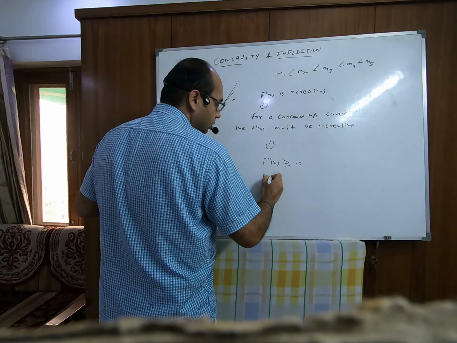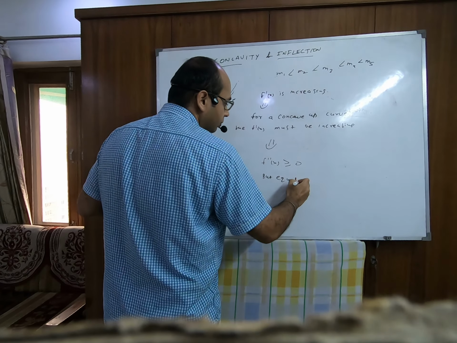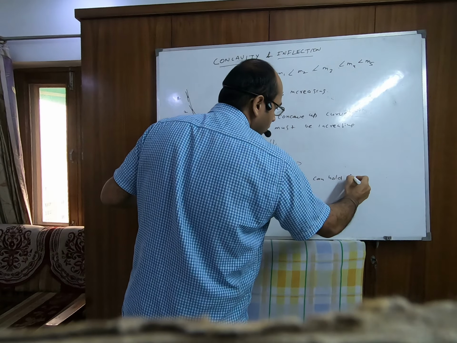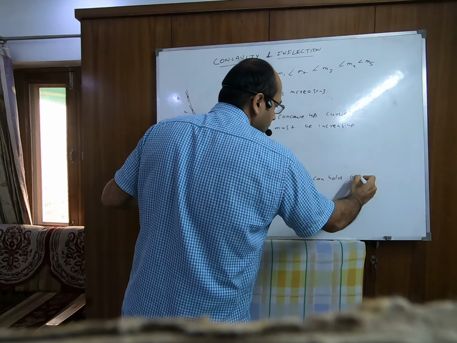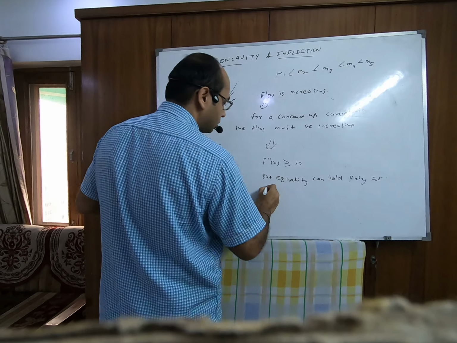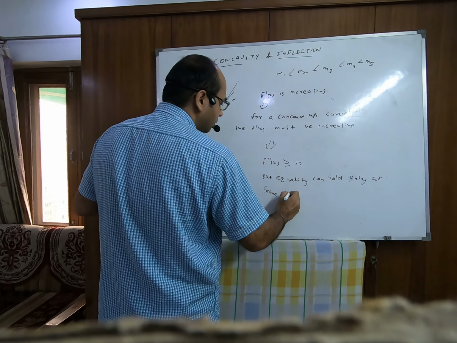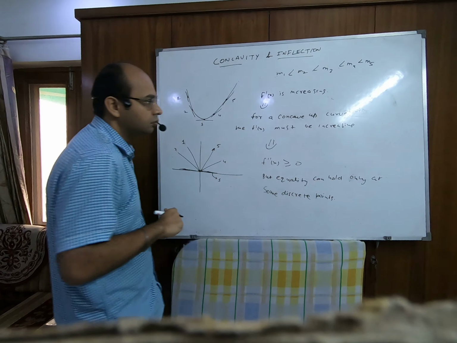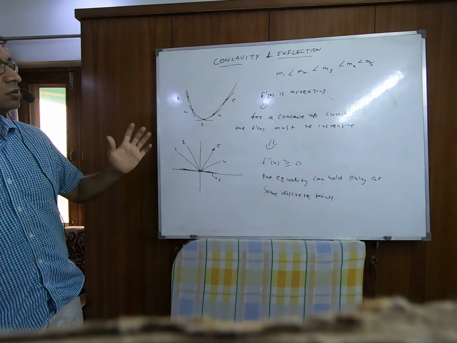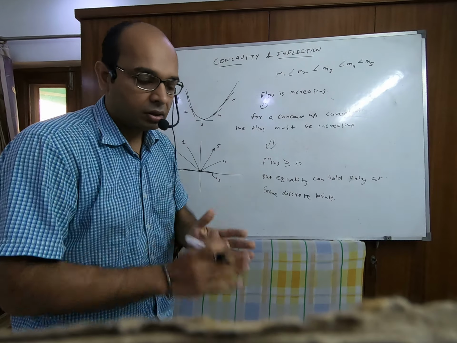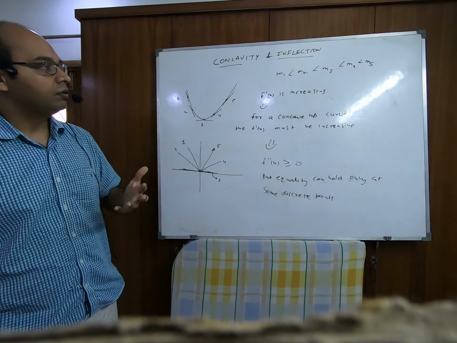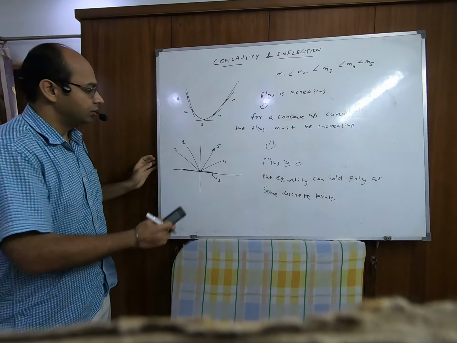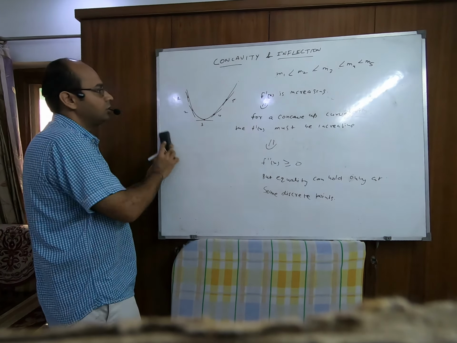But equality can hold only at some discrete points. Right. So this is how we relate concave up and concave down to the second order derivative of a function. Let's continue.